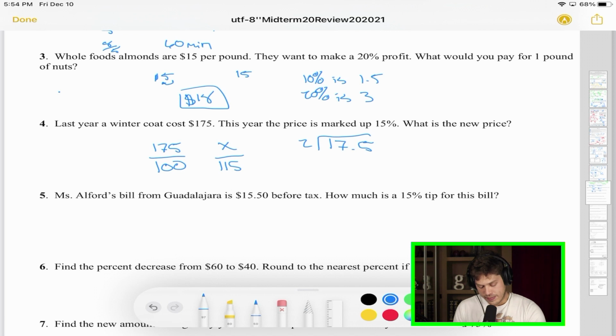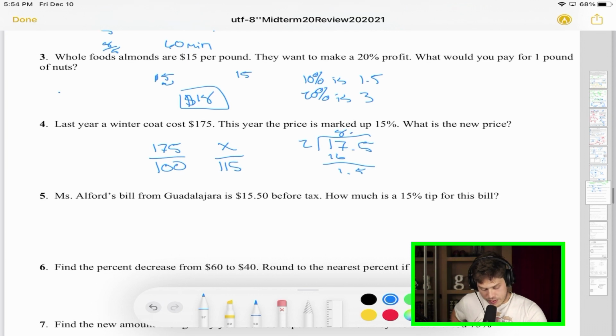8 times 16, subtract 1.5, decimal, 7, 14, subtract 1, bring down another 0, 5. So 15% is going to be our 10%, which was 17.5, plus our 5% of 8.75.